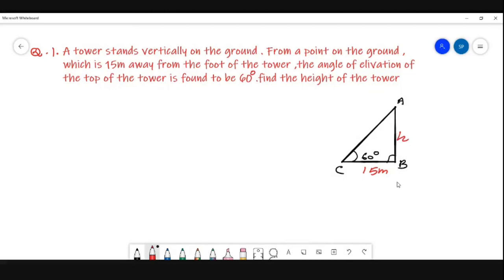Now after drawing the figure, you are asked to explain the figure, what each line represents.